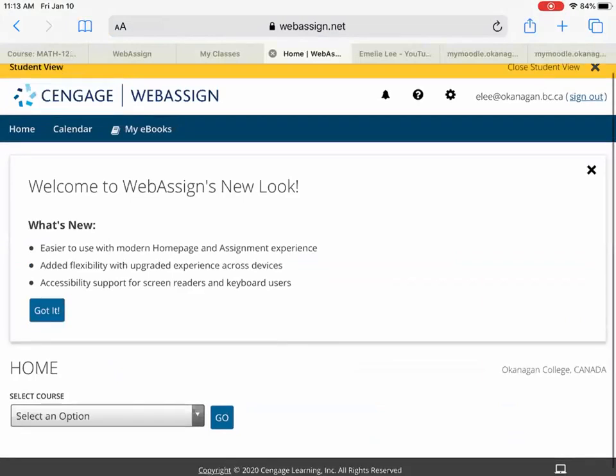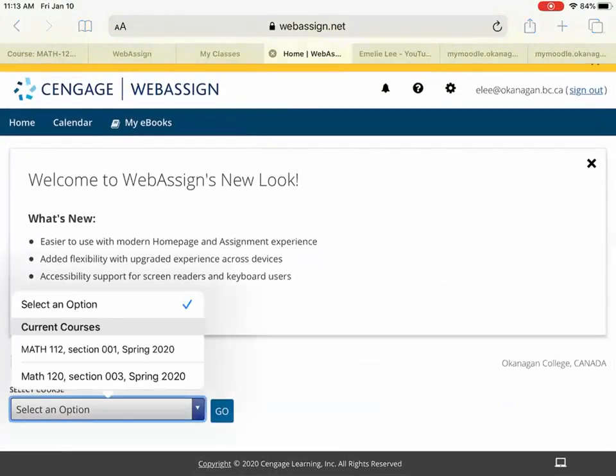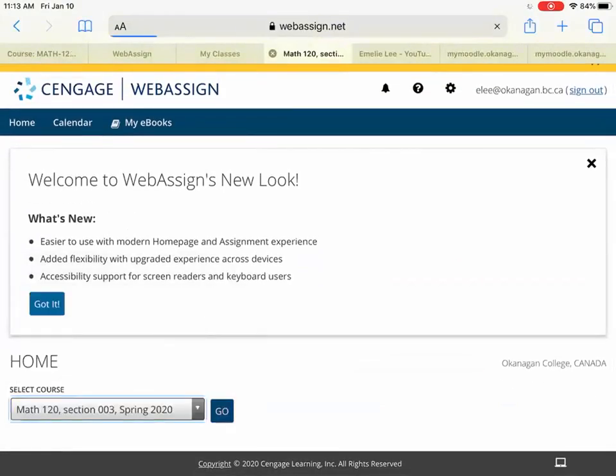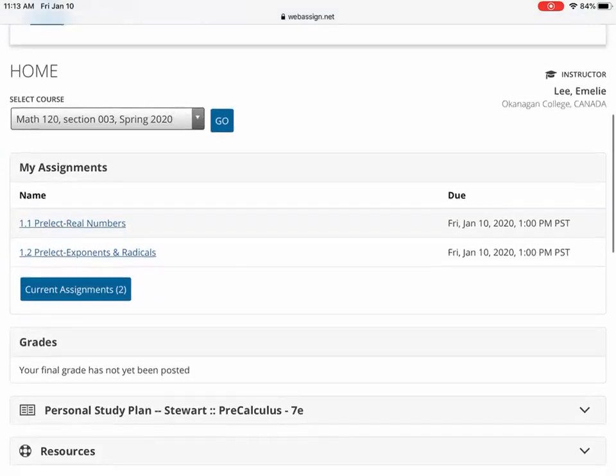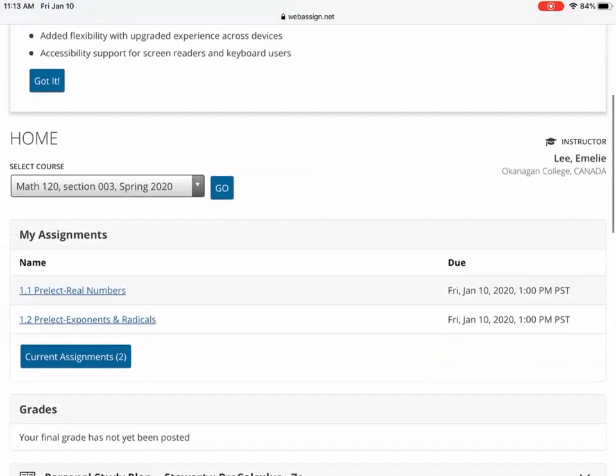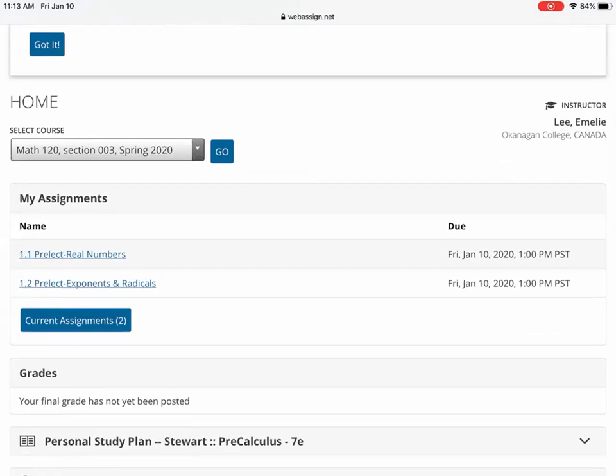Because mine looks not as good as yours. Mine looks all old school and nasty. Right, so here is where all your assignments will be. I posted, just to show you guys, some pre-lecture assignment, quiz, whatever you want to call it.